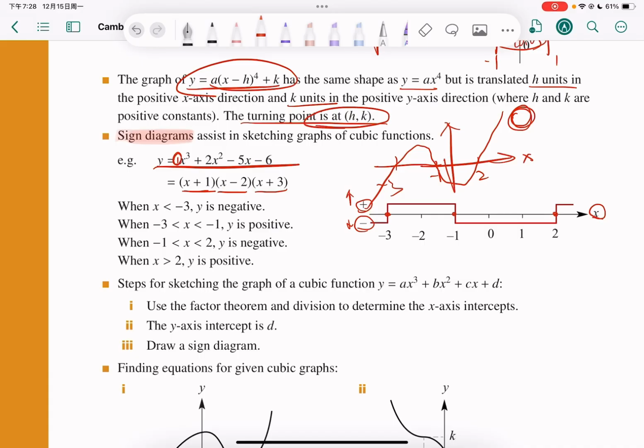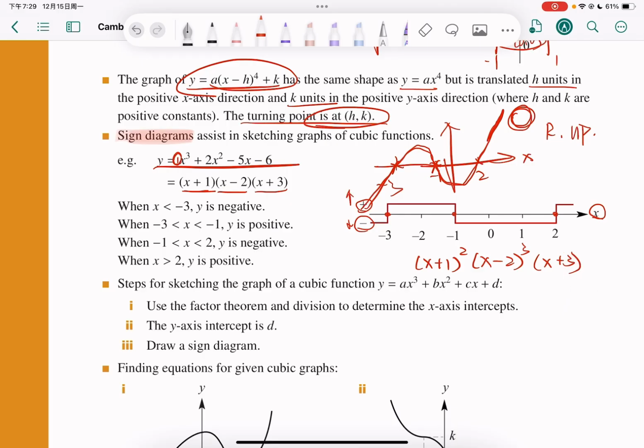So we start from the right-hand side, up, and then go through the point, through the point, through the point. There's another case when we do not cross the points, the intersections. If we have, let's say, (x plus 1) squared, (x minus 2) cubed, (x plus 3).